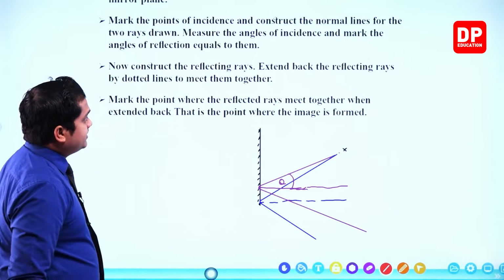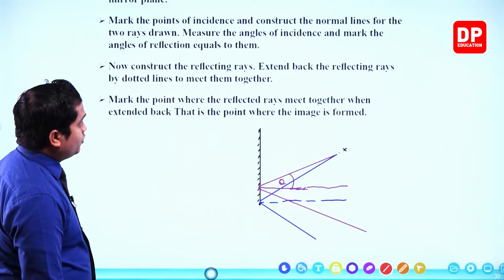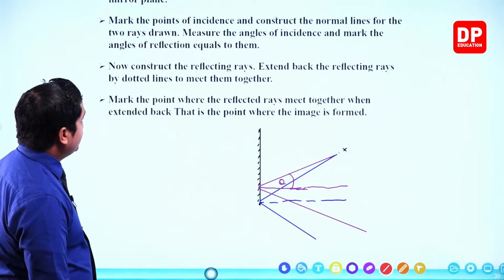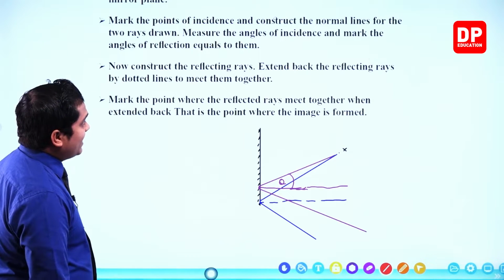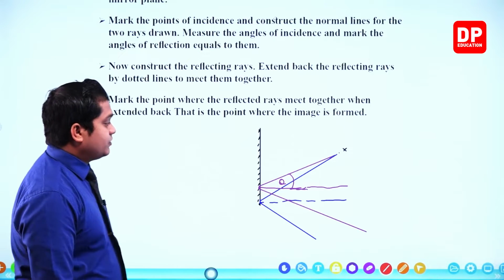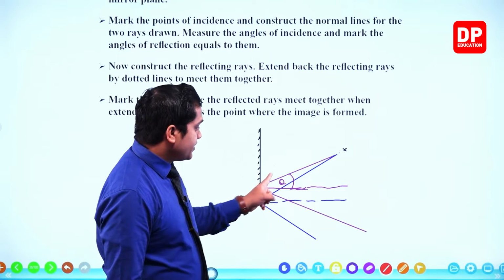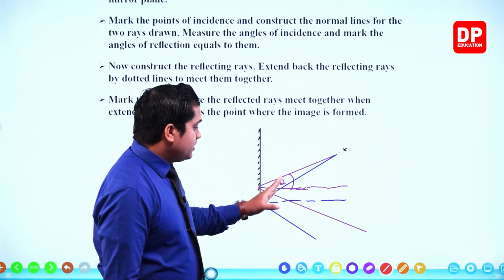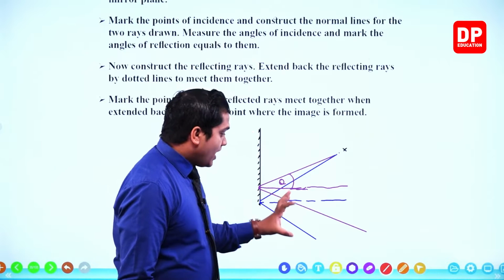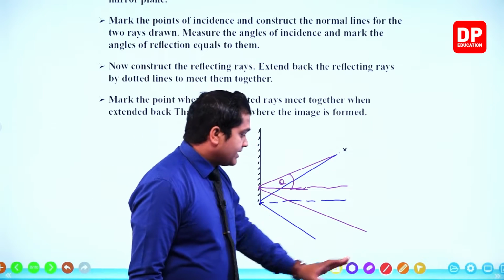Mark the points of incidence and construct the normal lines for the two light rays drawn. Measure the angles of incidence and mark the angle of reflection equal to them. Like I explained, my dear children, you take the angle over here. Then, to have that same angle, you reflect the light ray like this.